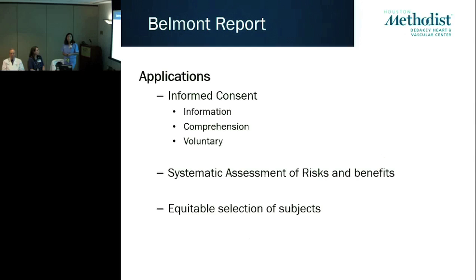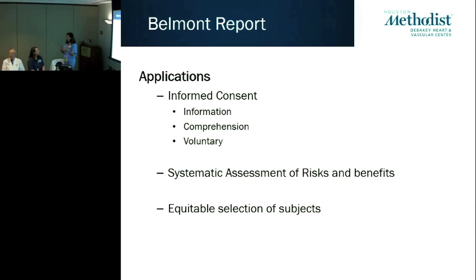Applications of this, how we follow this, is by informed consent. Informed consents are going to give all the information that the patient needs. It's comprehensive and makes sure that they know it's voluntary. There's also systematic assessment of the risks and benefits, and that's an important part of the IRB applications. We don't like to see where you just say the benefits outweigh the risk, therefore we should do the study.